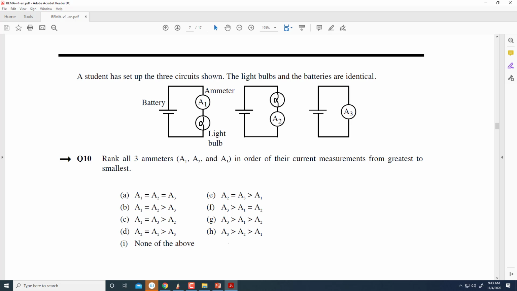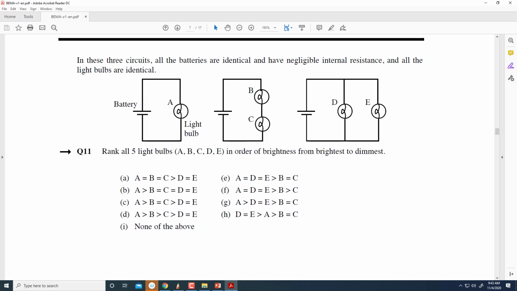That means A3 will have the greatest current. A1 and A2 will have the same amount of current, because they have the same resistance. But A3 has the greatest current because nothing is obstructing the flow of current. So A1 and A2 are equal, but they are less than A3. So F is the right answer.